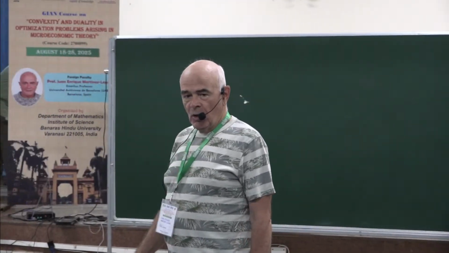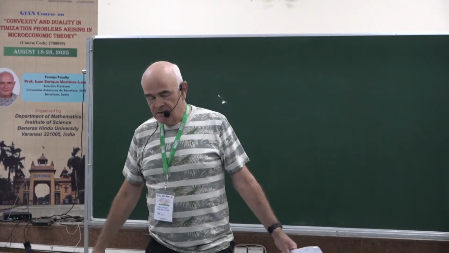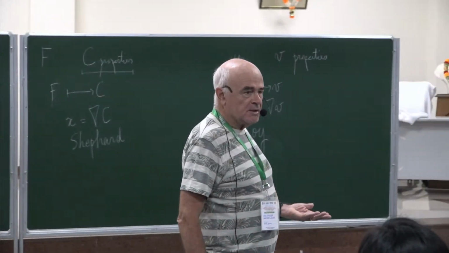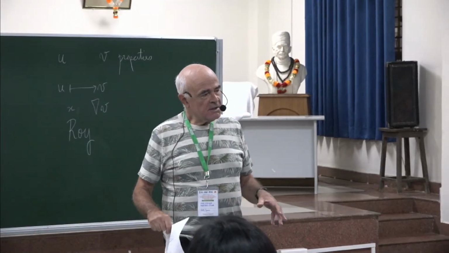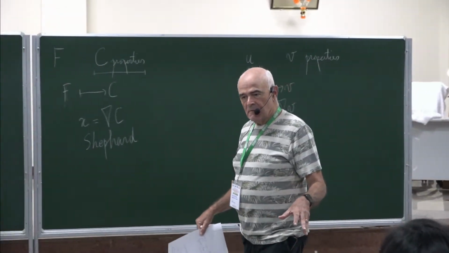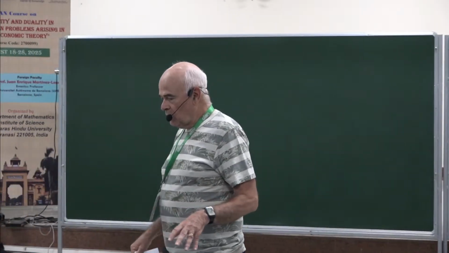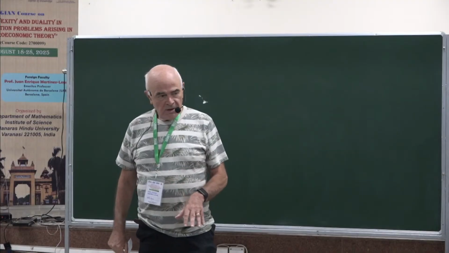They should say Roy identity, because this Roy was French. But economics is the territory of the Americans. Mathematics is much more democratic. You can learn mathematics everywhere in the world. You can come to Varanasi and learn very good mathematics.